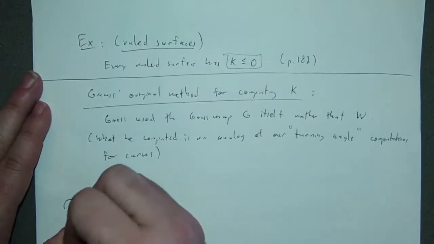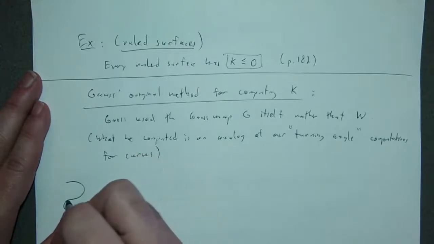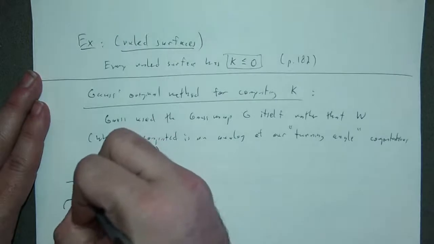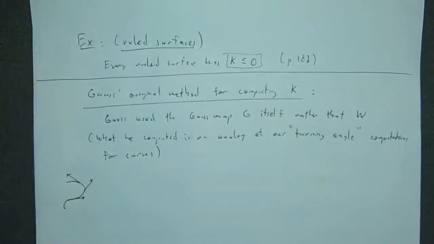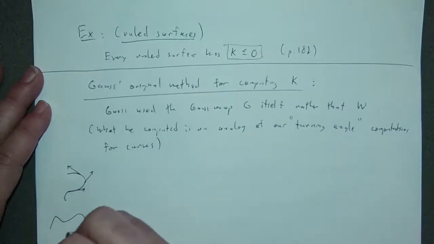Every tangent vector to the curve was being tracked by the turning angle. So the rate of change of the turning angle was telling you how rapidly a curve was turning, which is telling you something about curvature. And the idea is to do that, except for surfaces.